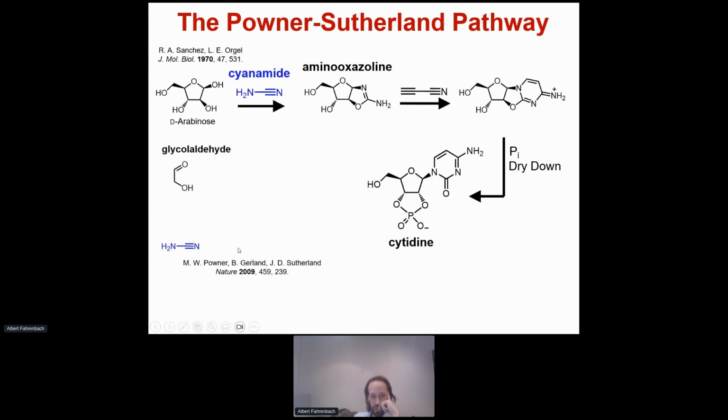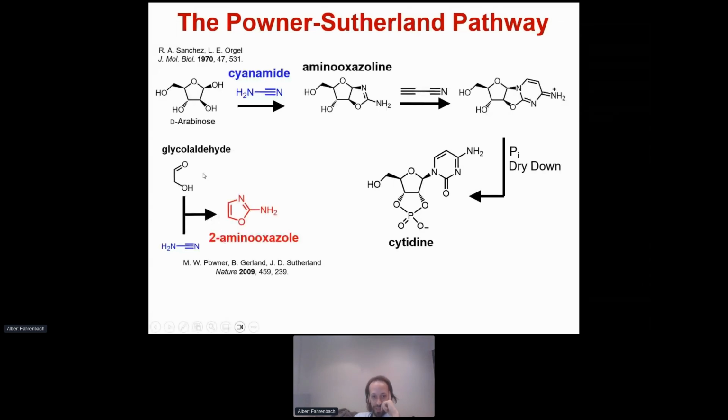And then Sutherland and Powner came along, and this pathway is commonly known as the Powner-Sutherland pathway. And I think it's great. It just shows how influential this research has been, especially this paper, I would say, that it just impacts so many people's research.